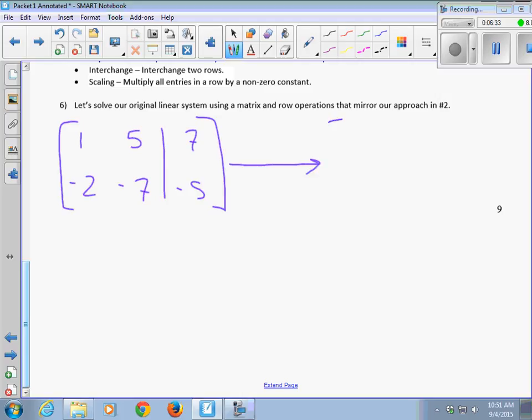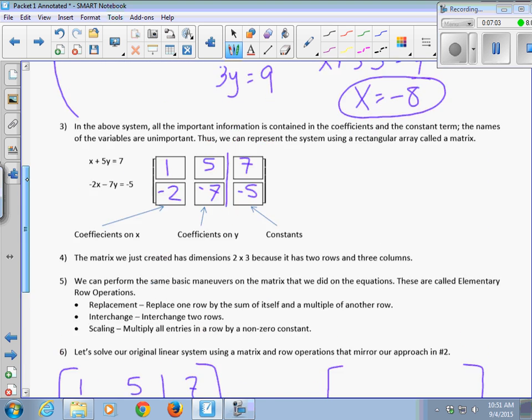Okay, so I'm going to perform a row operation. I'm going to turn this into a new matrix, and I want to make sure I mirror what we did earlier. The first thing we did is we multiplied the first equation by 2.